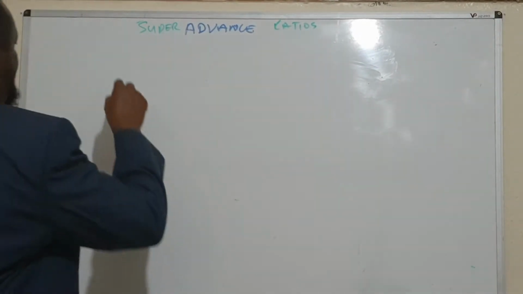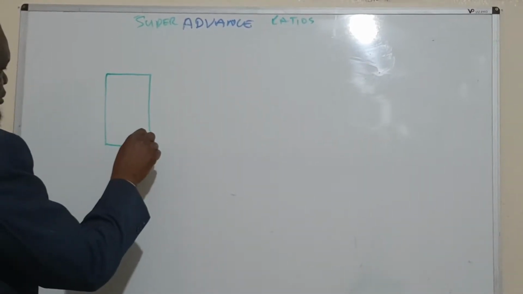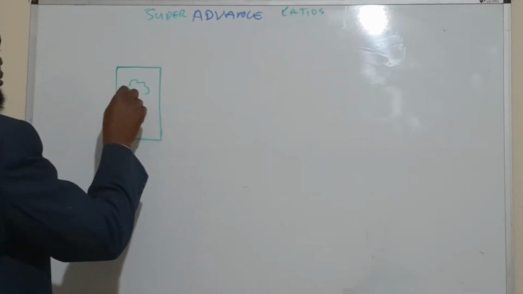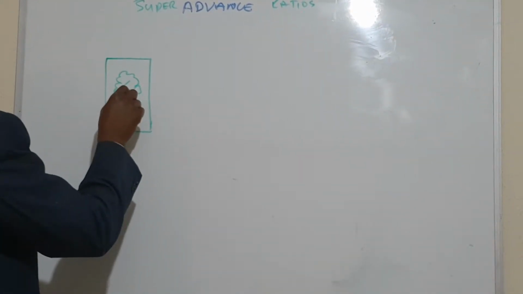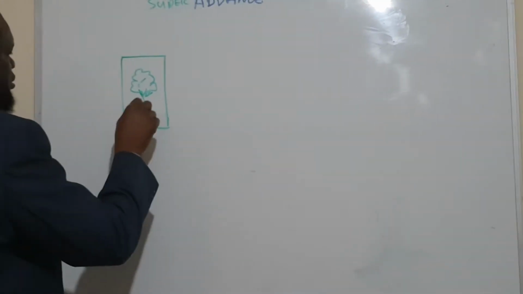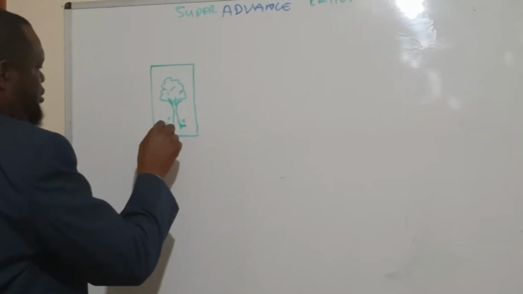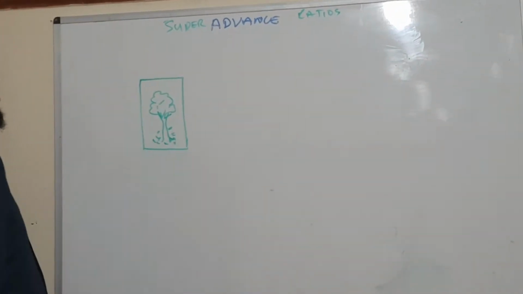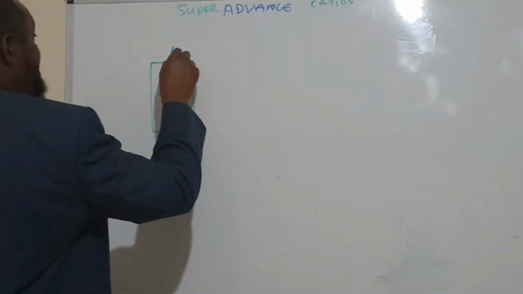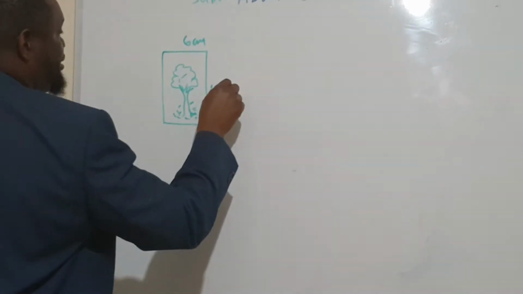Let's say you have a frame of a picture, a picture of a tree. The picture is in a frame of 6 centimeter by 10 centimeter.